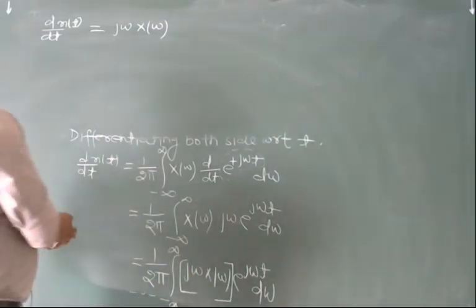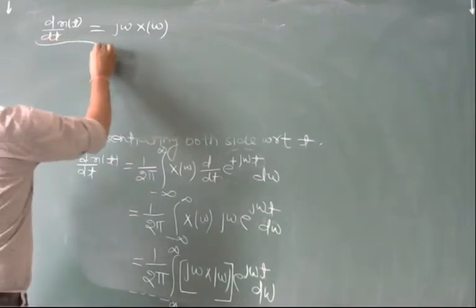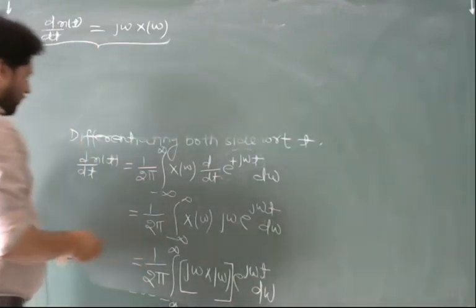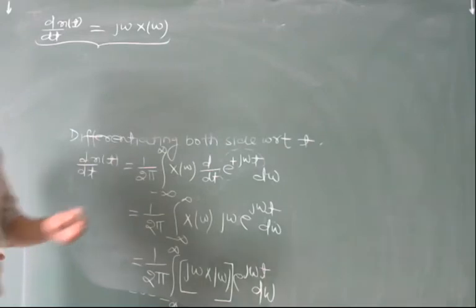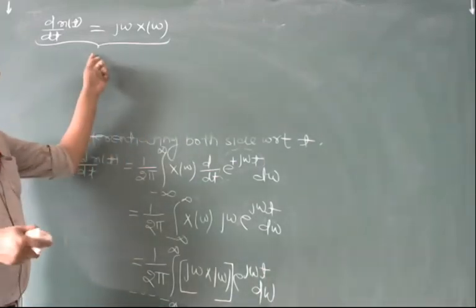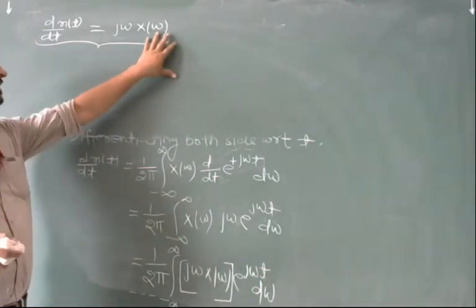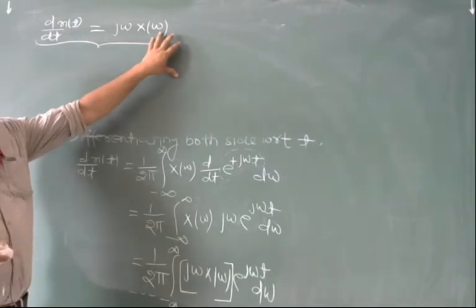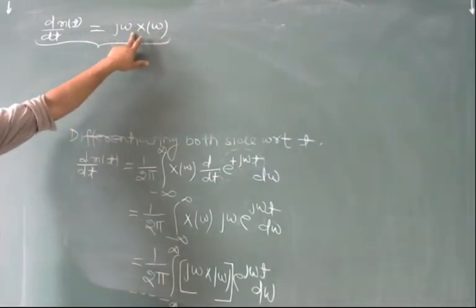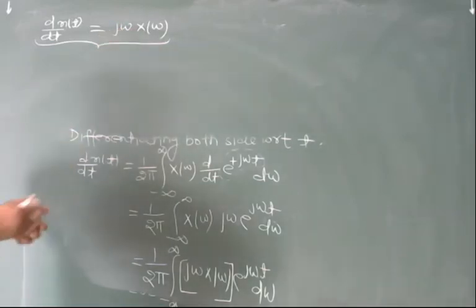So this indicates that if we differentiate the signal x(t) in the time domain, then we have to multiply the signal in the frequency domain by a factor j omega.